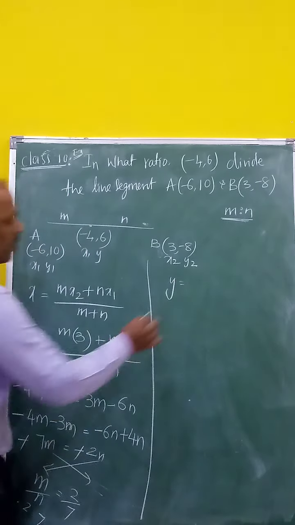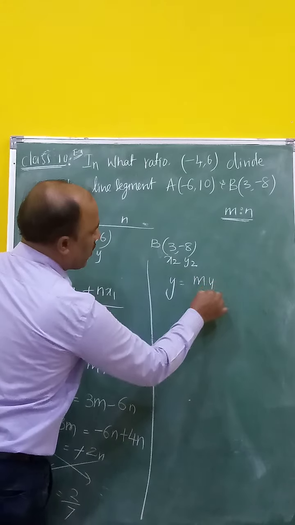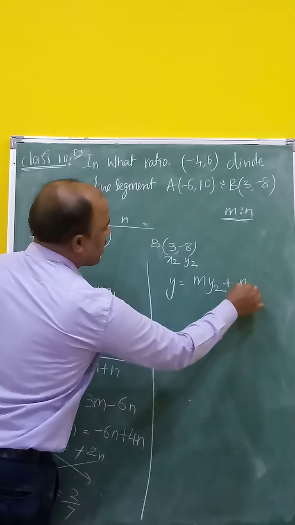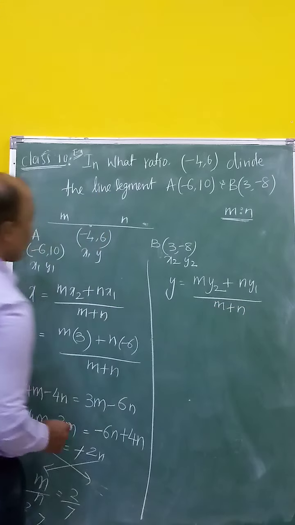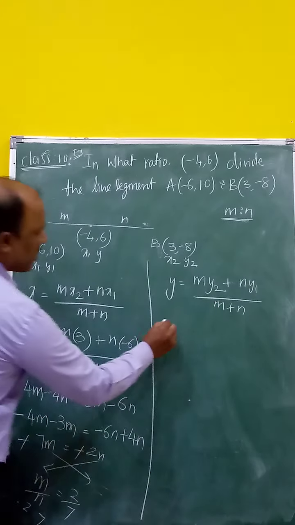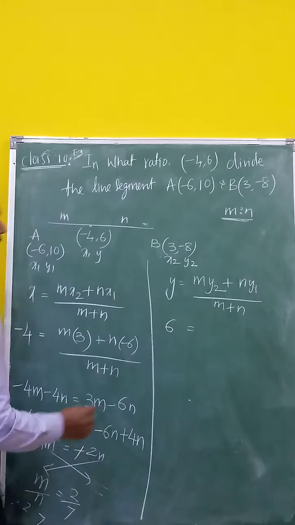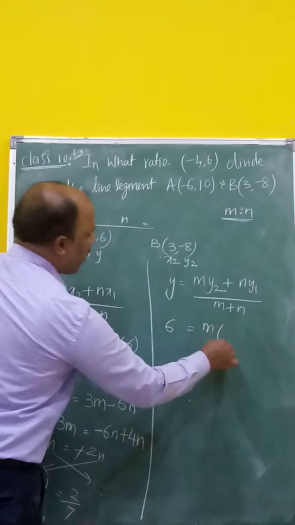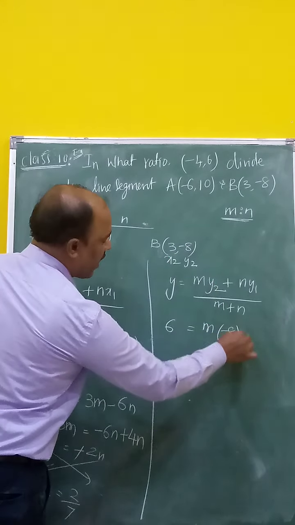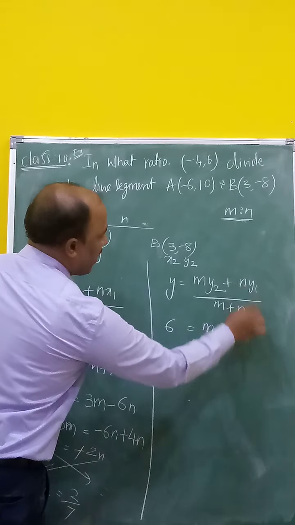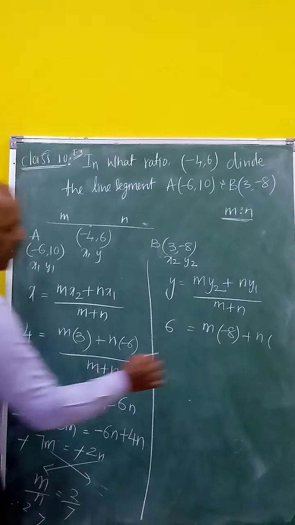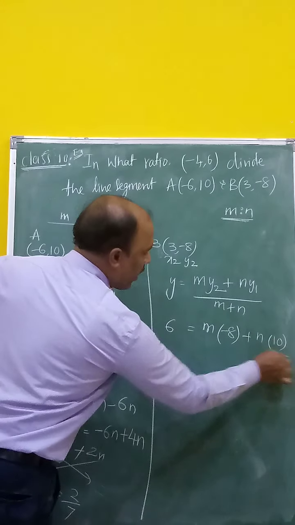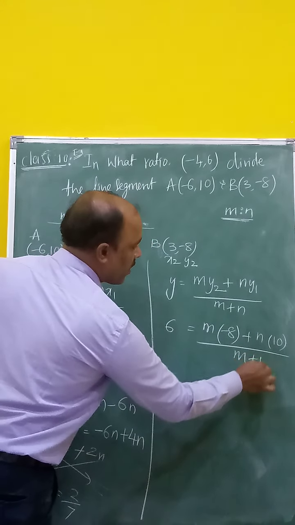y is equal to, what is the formula? Section formula, (my2 plus ny1) by (m plus n). What is the y value here? 6. 6 is equal to, m is no change and y2 is minus 8, plus n is no change, y1 is 10, by m plus n.